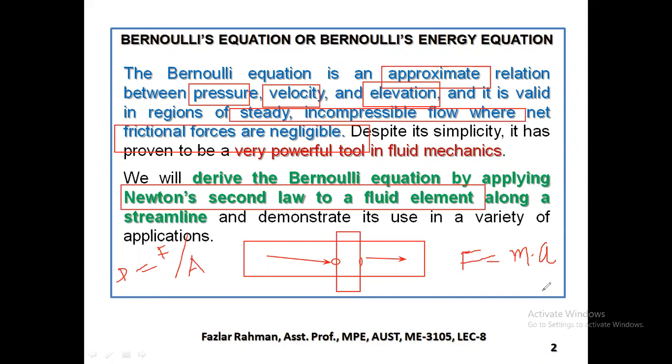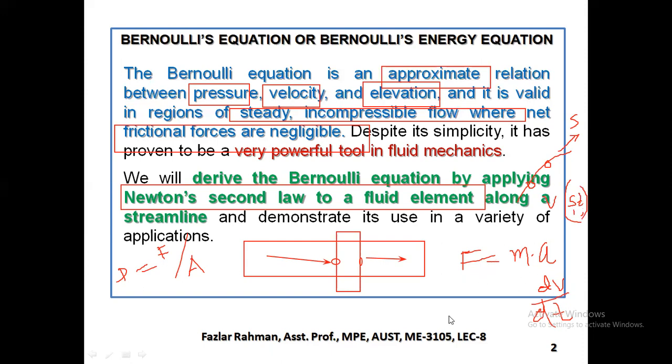And acceleration actually equal to V del V by del T, right? And if along the streamline I say distance S, the fluid particle right over here, next time is coming over here. So his velocity I can say is a function of S and T, that means space and time.